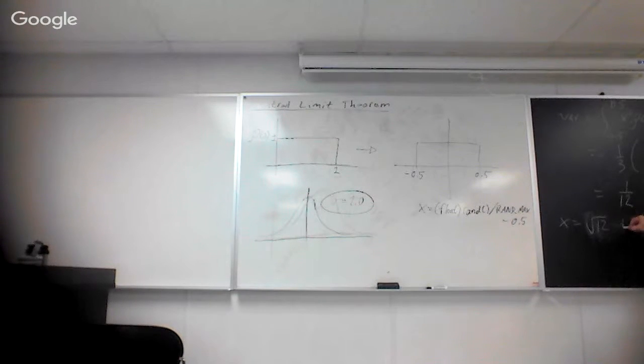times this stuff here. So the float, rand max, and then this whole thing has to be minus.